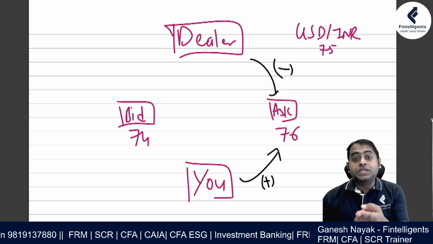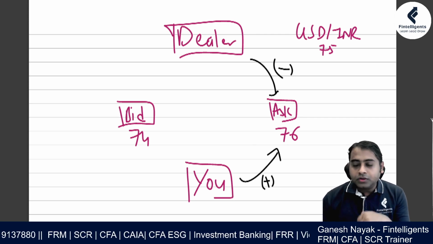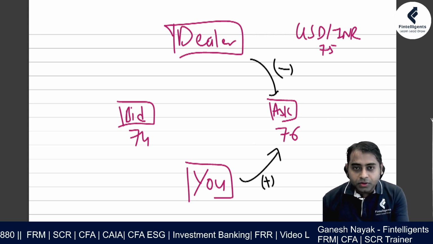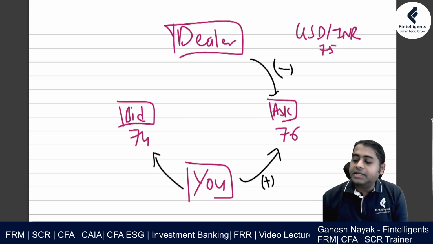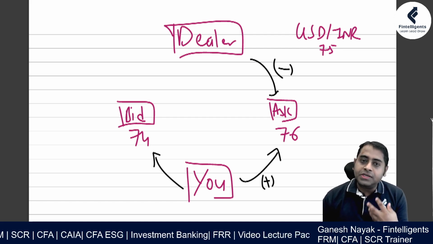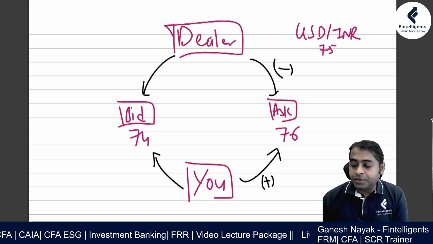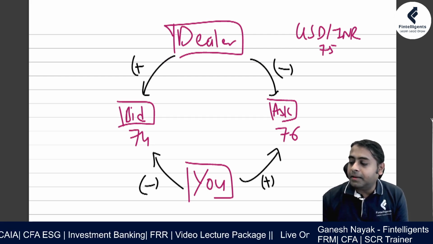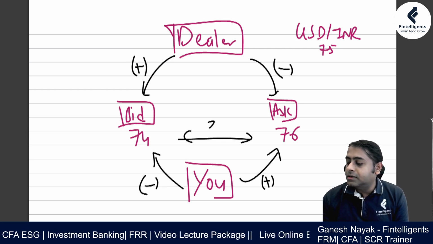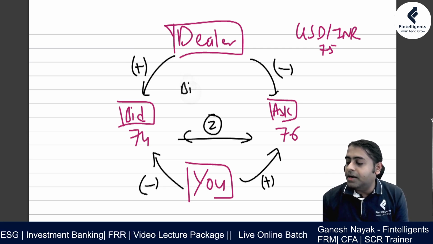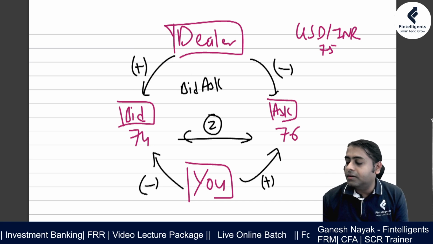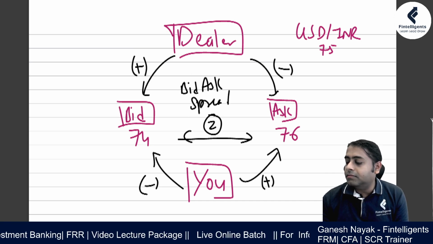And if you want to sell USD you already have, he will only give you 74 rupees. So you are selling, he is buying. Whatever the difference is, that difference is the bid ask spread, which is the profit of the dealer.